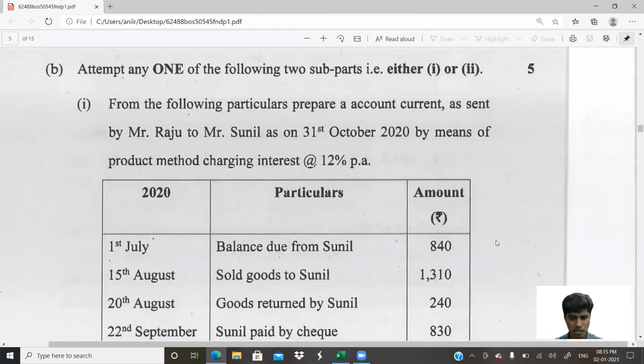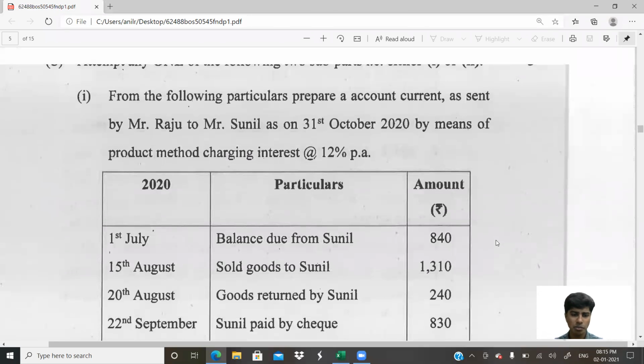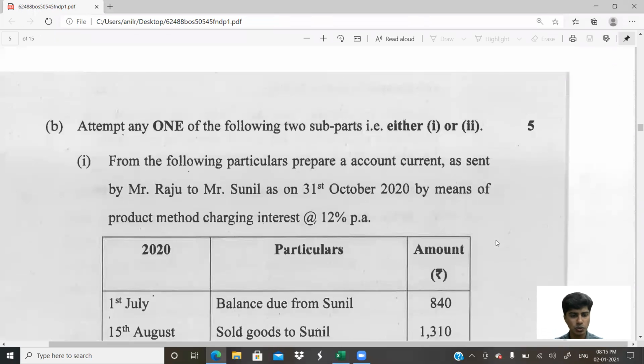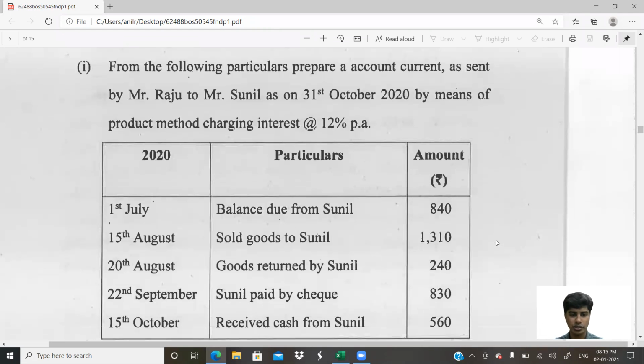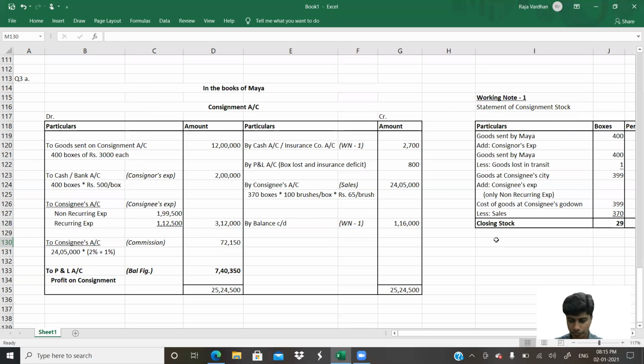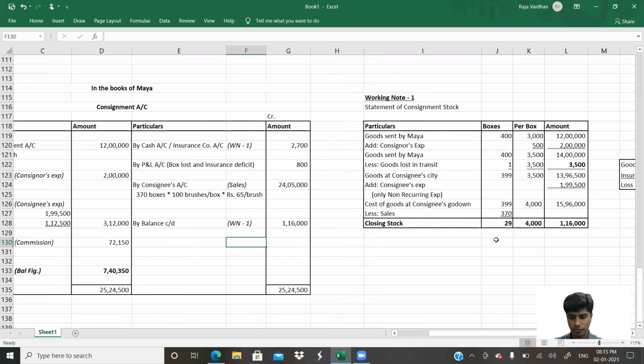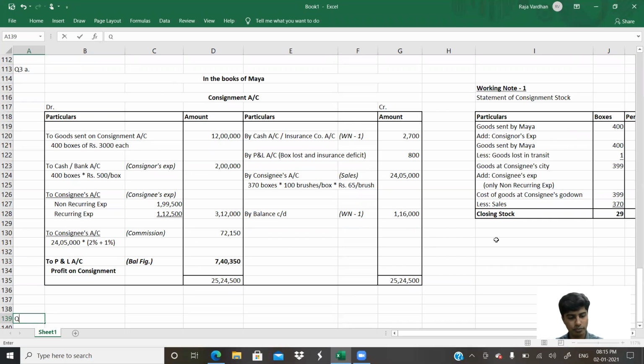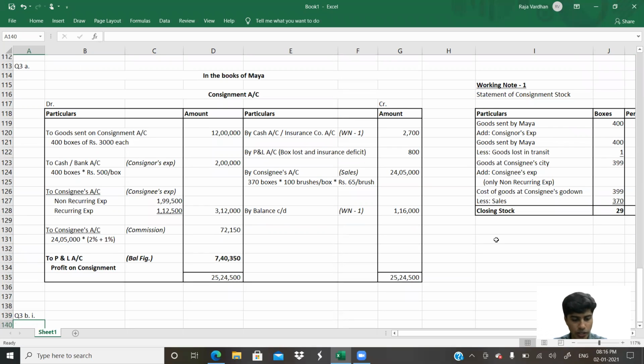So B1 is account current. B2 is average due date. Come on, let us do 3B1. Question 3B1.